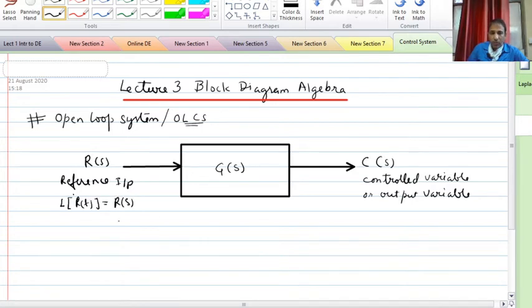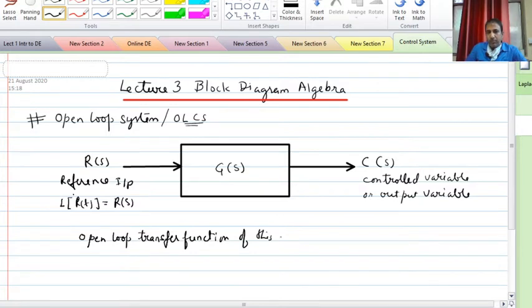So the open loop transfer function of this system is equal to G(s), where G(s) is nothing but the ratio of output divided by input. Please remember, in all cases the transfer function means the ratio of output to input.